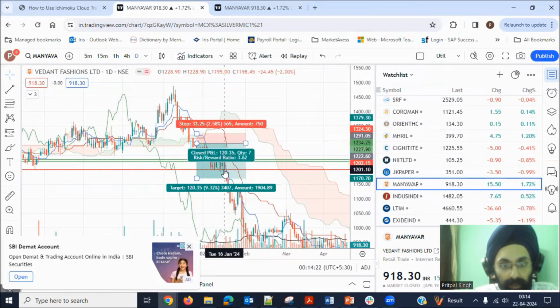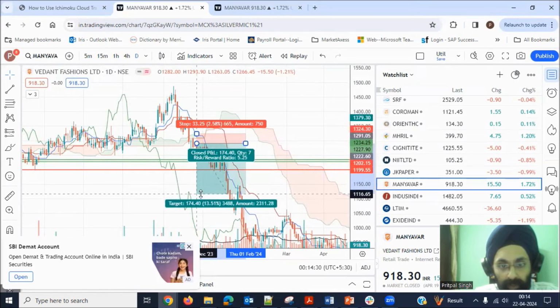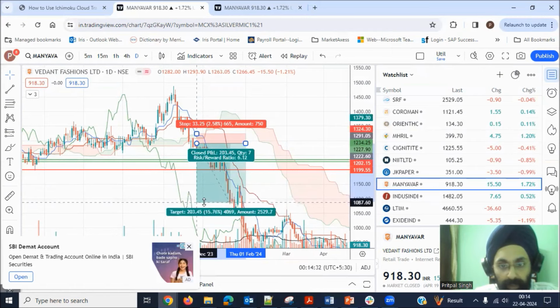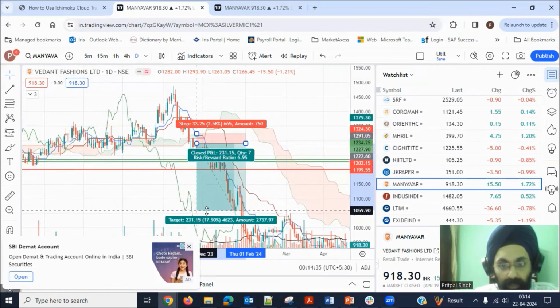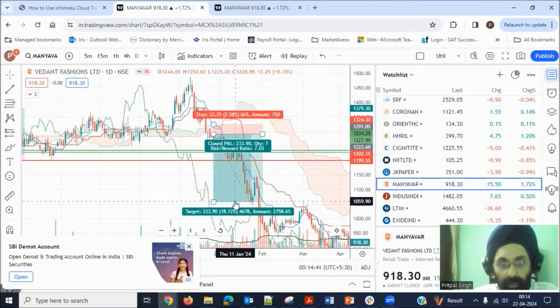And the first target, which was here, I have already drawn the line. The first target was a 2.71 risk reward ratio. For the next target, which was 1058, look at the risk reward, man. The risk reward was 1:7.